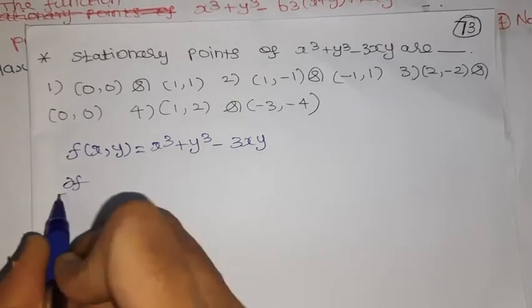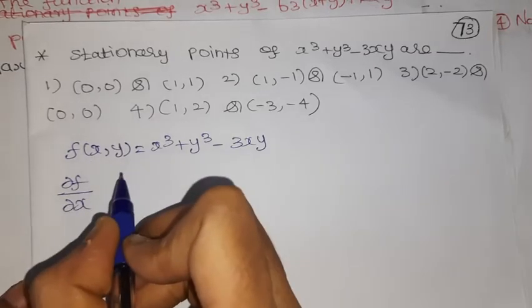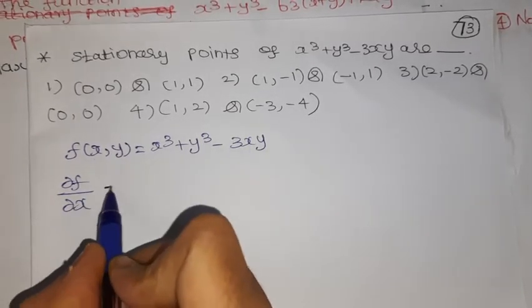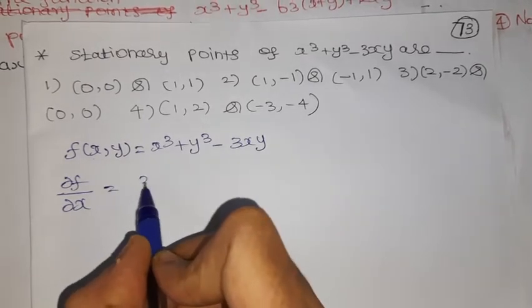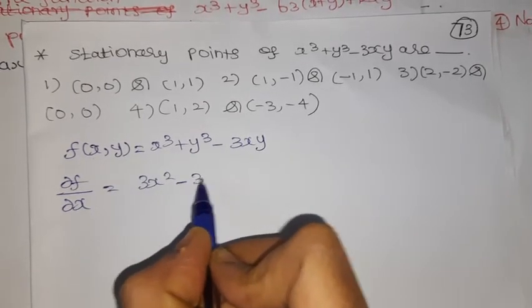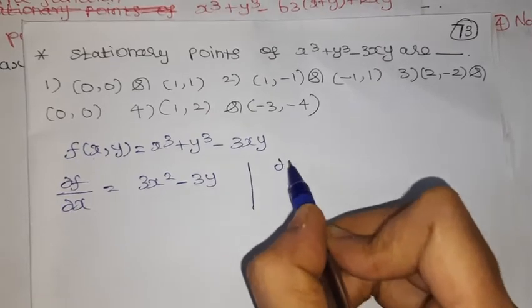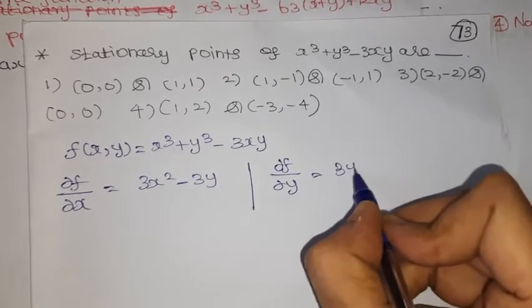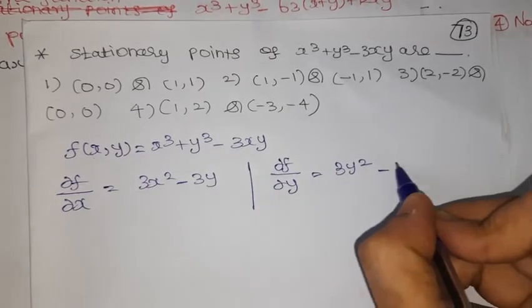First, we need to find ∂f/∂x, which means partially differentiating with respect to x. So, 3x squared minus 3y. Then ∂f/∂y is 3y squared minus 3x.